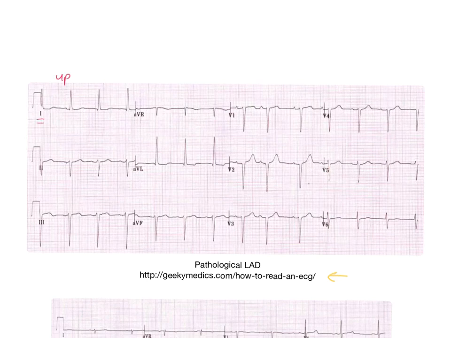It's up in lead 1. It's positive. Good. What about lead 2? It's down. And then lead 3? Down. Does that jive with pathological left axis? We would expect that, right? We'd expect an up, down, down. How cool is that?